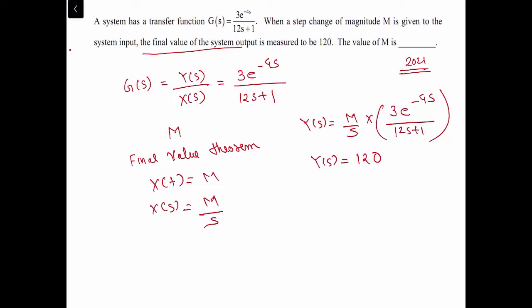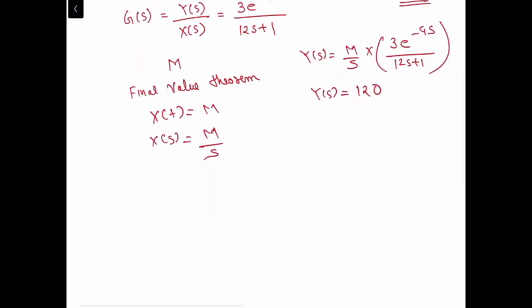Okay, so we know that according to final value theorem, limit t tends to infinity, and basically here in terms of Laplace, limit s tends to 0, it is equal to s into Y(s).